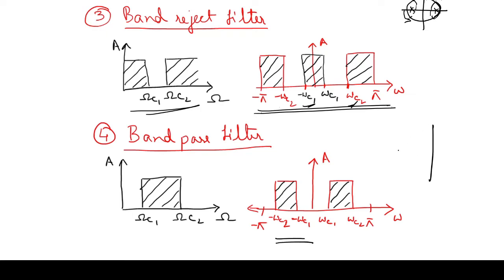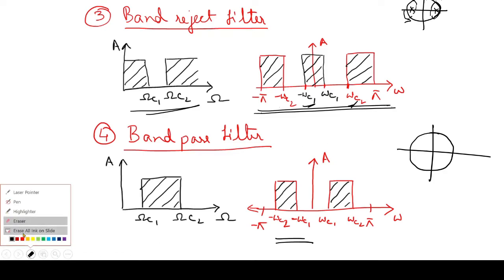So from minus pi to minus omega c2 it is 0, from minus omega c2 to minus omega c1 this region is high, then this point to this point is again 0, then omega c1 to omega c2 is high, and then to pi it is 0.